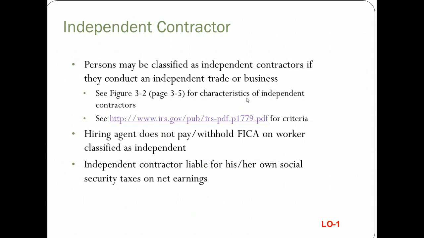He was treating his people as independent contractors, and he was not even giving them 1099s. So the first mistake was he should have treated them as employees, and the second was he didn't issue them a 1099 even though he was considering them independent contractors. When the IRS did an audit and found out about this, he was liable for all of the FICA taxes that should have been paid, and penalties also for not giving 1099s.